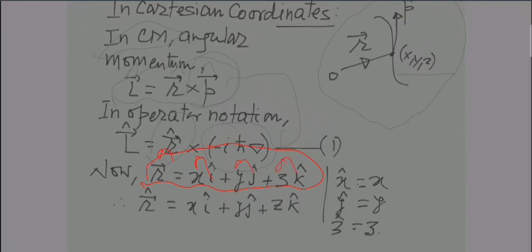In the case of position, the operator and the observable are the same, and similar was the case with potential energy. I had told you that the potential energy operator simply meant the potential energy. Similarly, x hat simply implies x, y hat implies y, and z hat implies z.